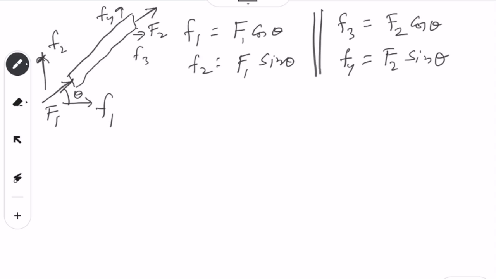Whatever is valid here is valid there too, because you have the same angle theta here also. Angle theta, angle theta.